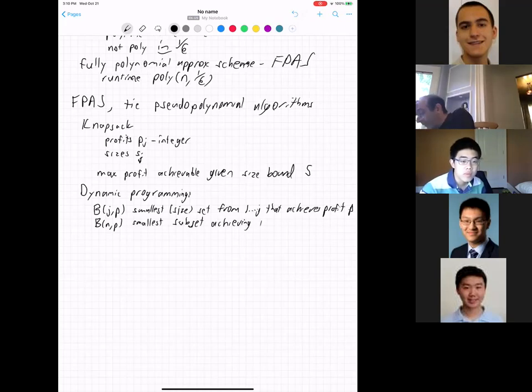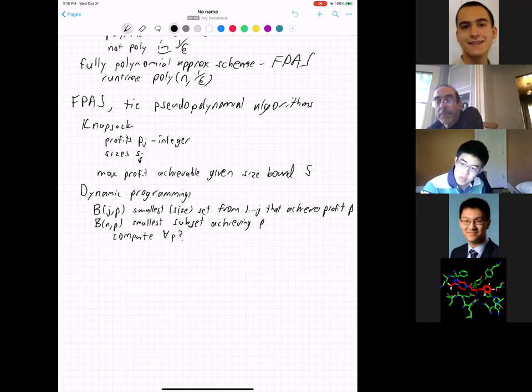Why is that? Basically, if I know the smallest size collection that achieves every possible profit, how do I decide what the max profit achievable is for a given size? You can just do a linear scan, stopping when you go over that size limit over all profits. That's right. I mean, I don't even have to do a linear scan because these things are going to be ordered.